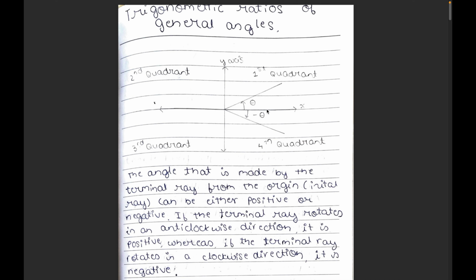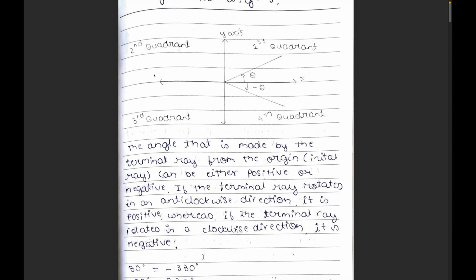So this is the initial ray and this is the terminal ray. It can either be positive or negative. If the terminal ray rotates in an anti-clockwise direction, it is positive, whereas if it rotates in a clockwise direction, it's negative.